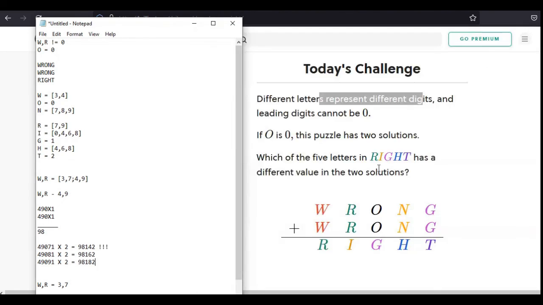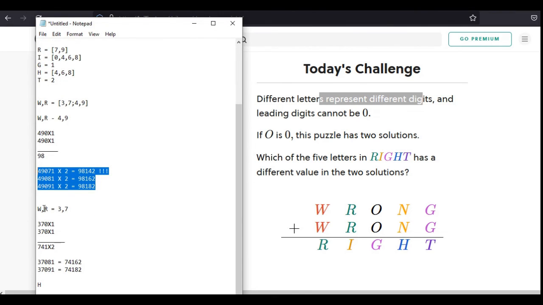Okay, so let's see. Can this work? 49081 is 98. Again the same issue. 490 means I is equal to N, and we have considered 8, so it is again coming as I here. 8 won't work. So what if we consider it as 9? Then it is a repetition. So even this won't work.